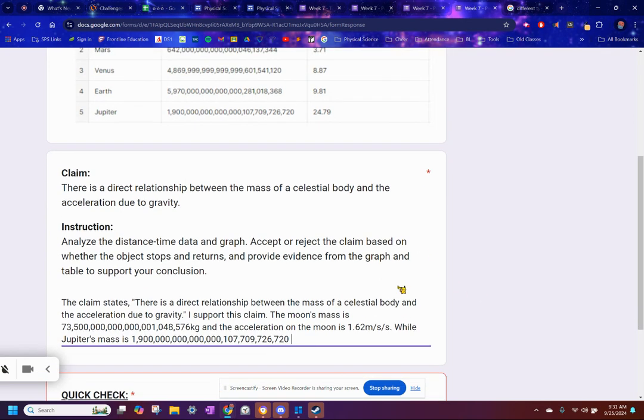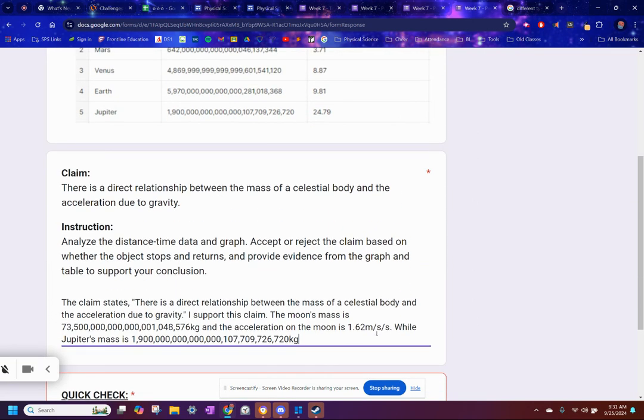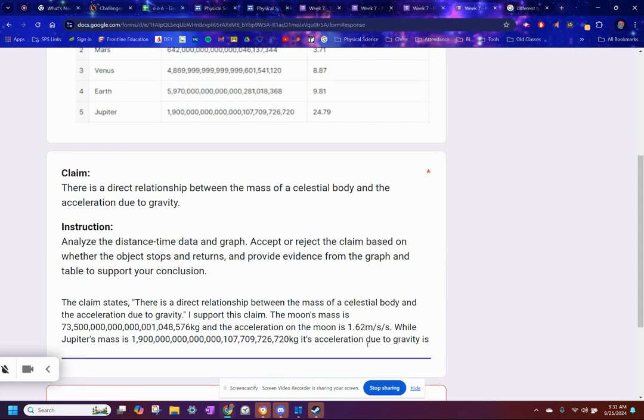While Jupiter's mass is this many kilograms, its acceleration due to gravity is 24.9 meters per second. And really, there should be no space there.